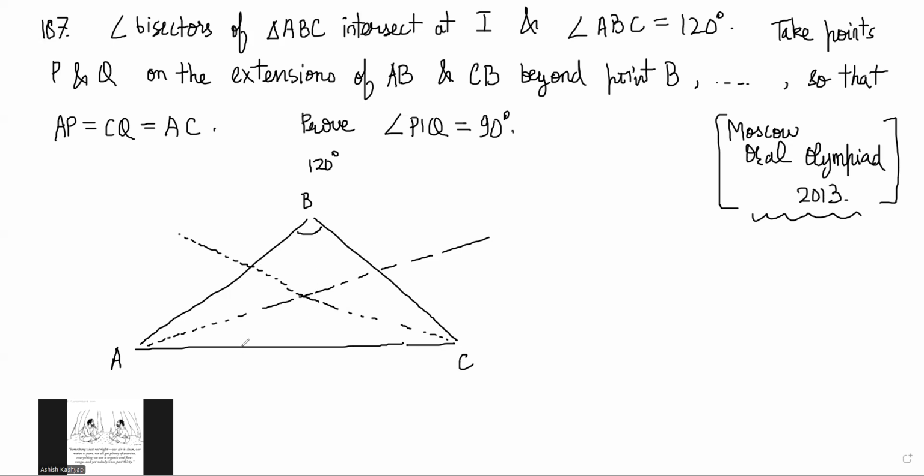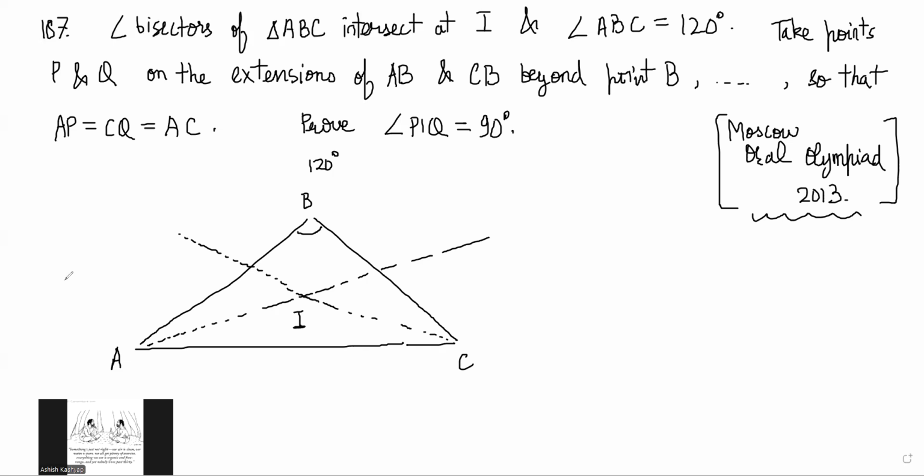The third one can also be drawn, but right now we don't need it. Let's say this point is I. We have to take points P and Q on the extensions of AB and CB in such a way that AP is equal to CQ.